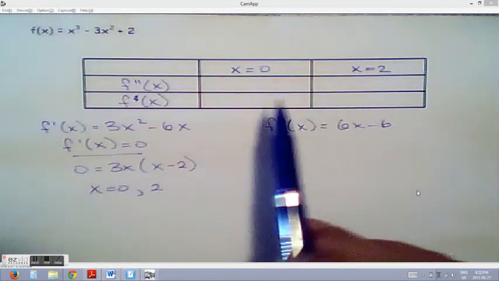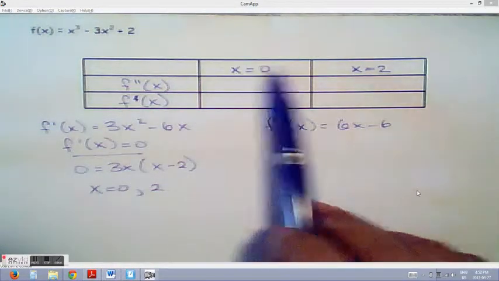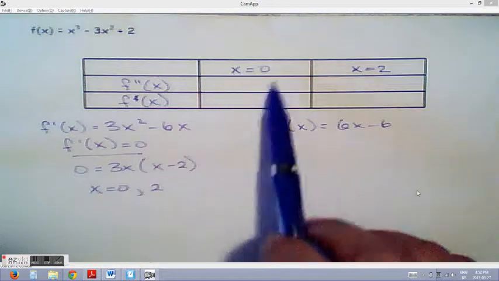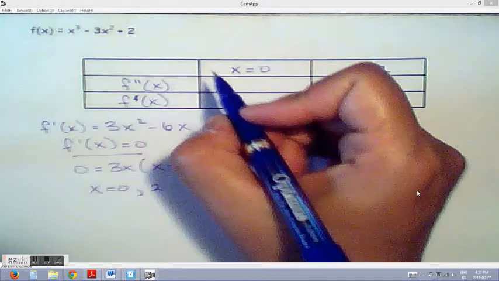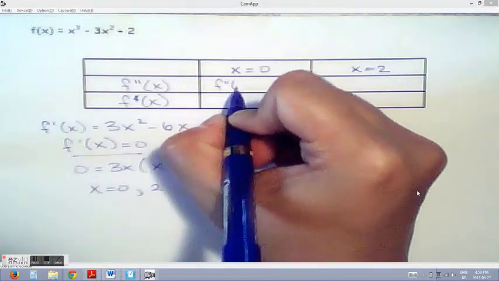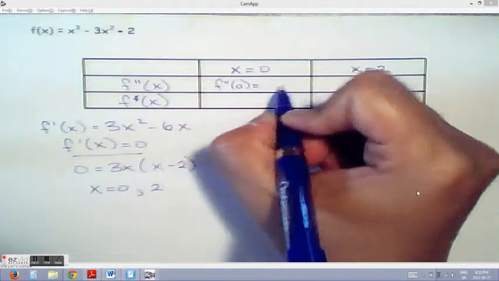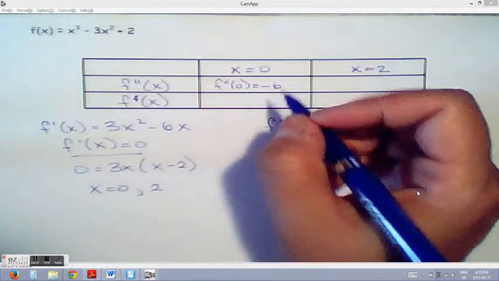We're going to now put it into our second derivative, and the sign is going to tell us whether we have concave up or concave down. f double primed at 0 is equal to -6, so it's a negative number, so we are concaving down.